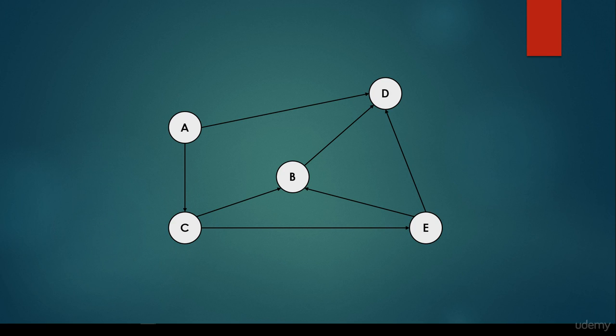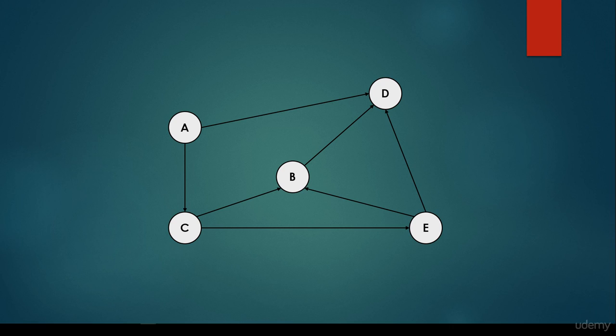Okay, so let's see a concrete illustration. We have 5 vertices A, B, C, D, and E, and directed edges represent the constraints. What does it mean that, for example, A has an edge pointing to the vertex C? Then in order to do vertex C, in order to do this step, for example, in project management, we have to do vertex A first.